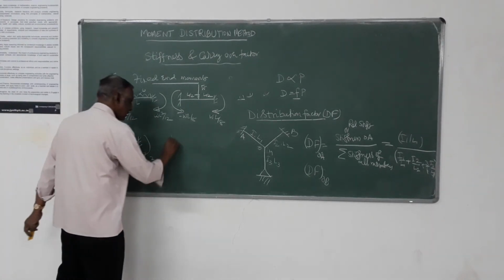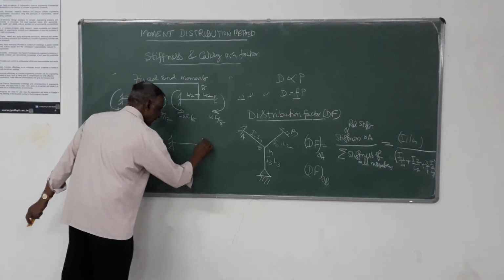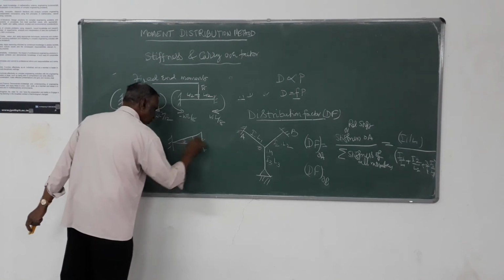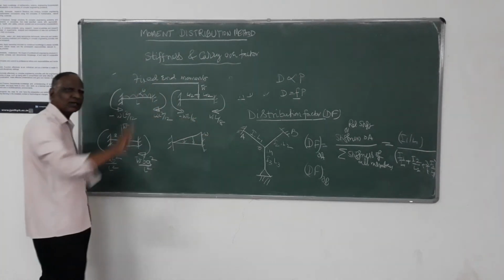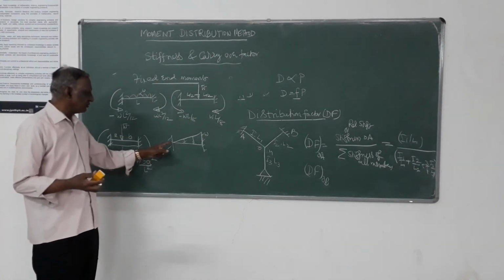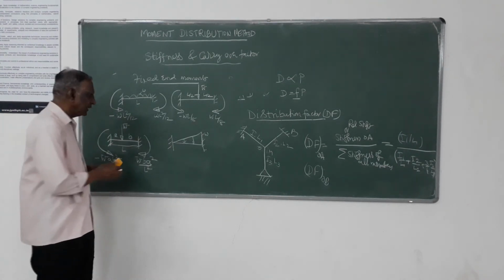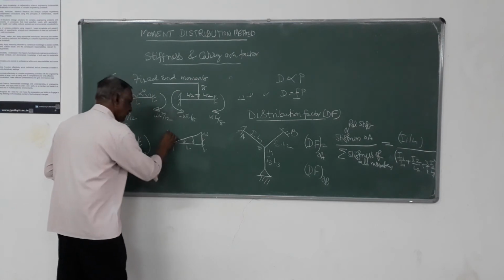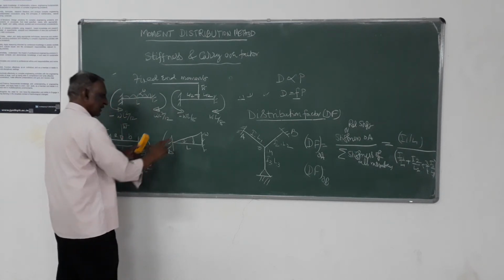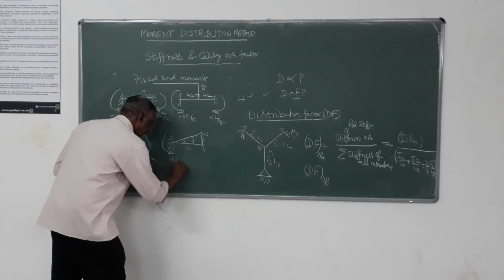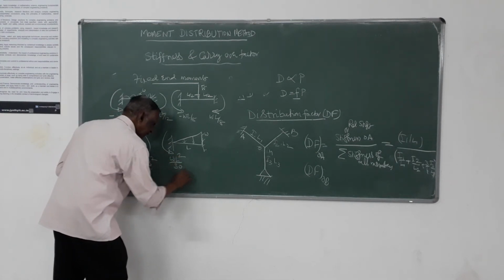Then suppose you have a triangular load, this type of varying gravity load, varying from 0 at one end to W at the right hand. In this case, if this is L, where it is 0 to start with, the moment will be WL squared by 30.